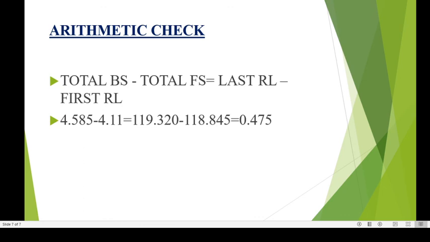So the arithmetic check, that is total BS minus total FS equal to last RL minus first RL, is 4.585 minus 4.11, which is equal to 119.320 minus 118.840, which is 0.475. So the arithmetic check is done, and in this way we can solve this type of problem which is generally given on the dumpy level instrument.